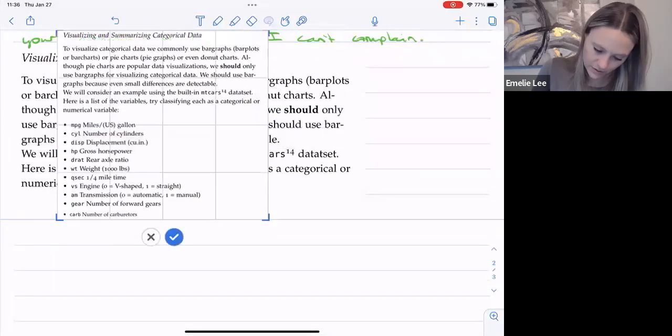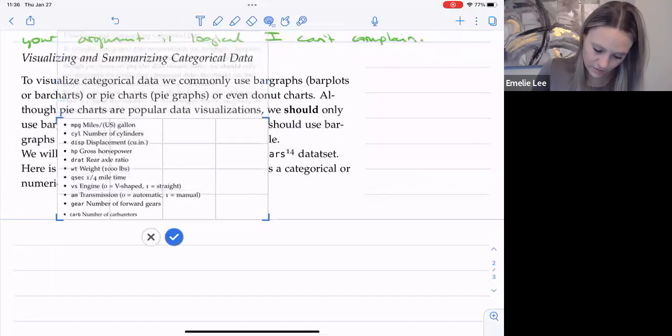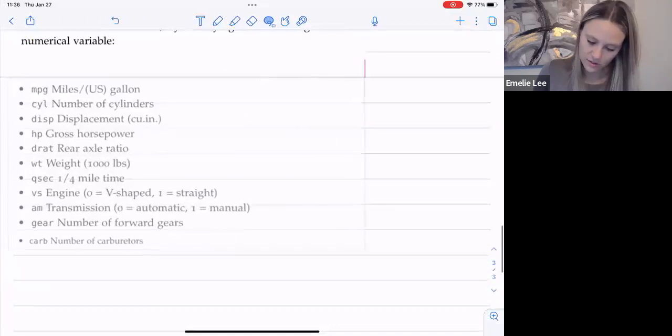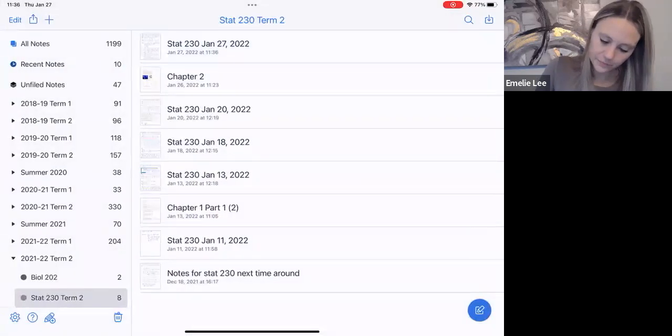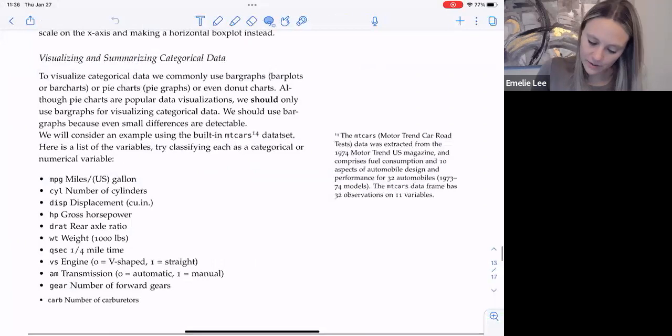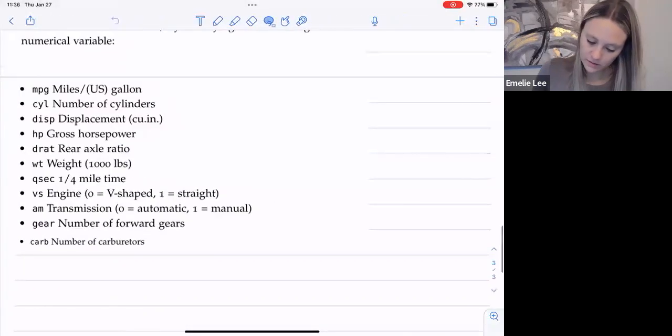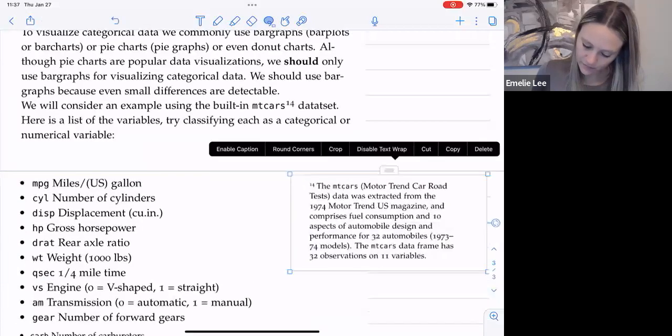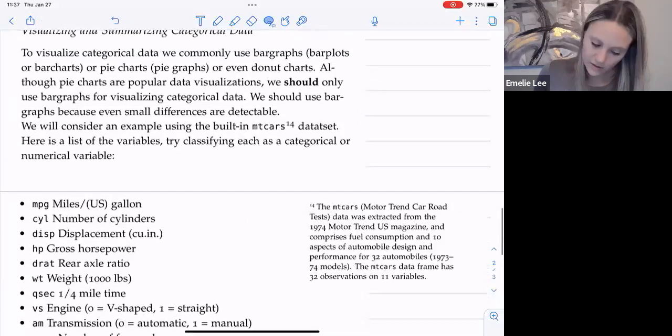Crop this. Uh-oh. Move it down on this page. And I also want to include the description.